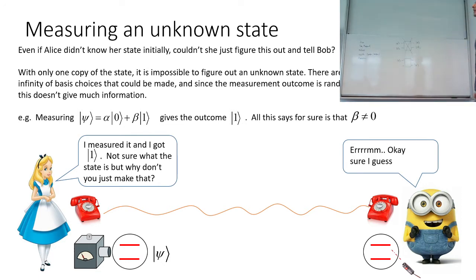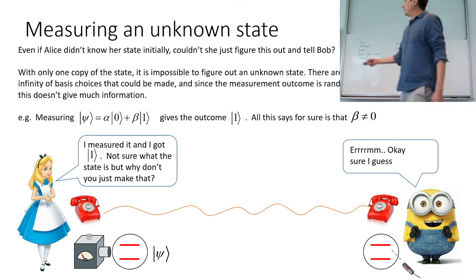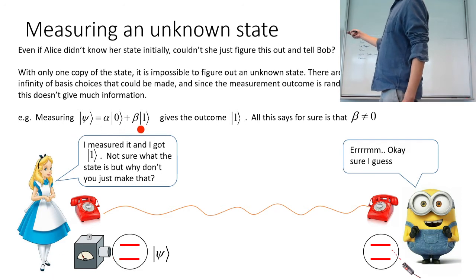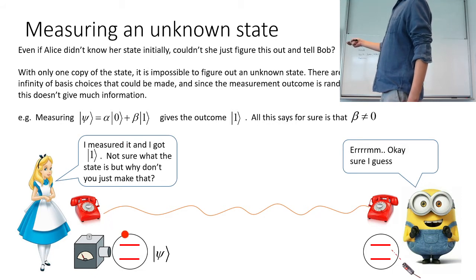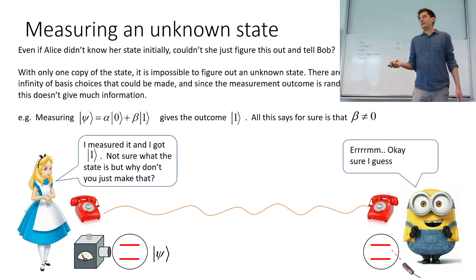But as we've already learnt, in quantum mechanics, if you don't know a particular state and you try to measure it, you can never really figure out what it was. You've got this state, alpha, beta, whatever it is, and then you measure it in the Z 0/1 basis, and say it gives 1. That doesn't really tell you that it was really in 1.